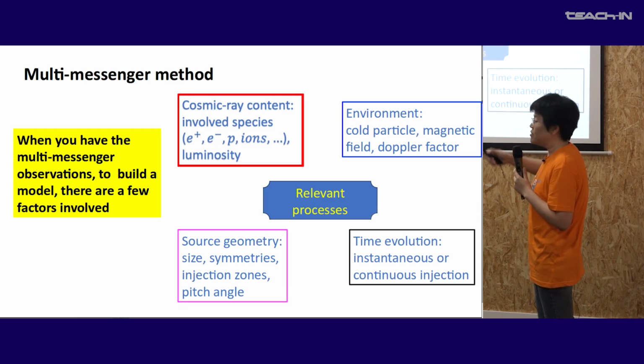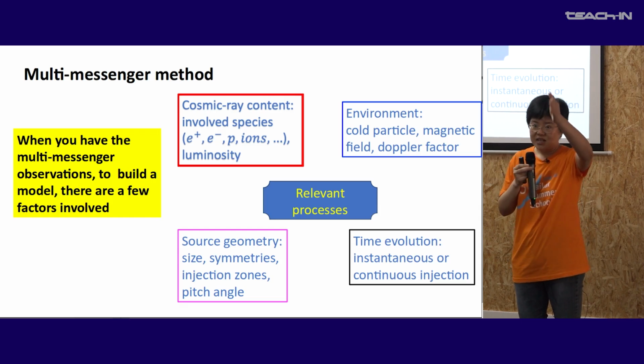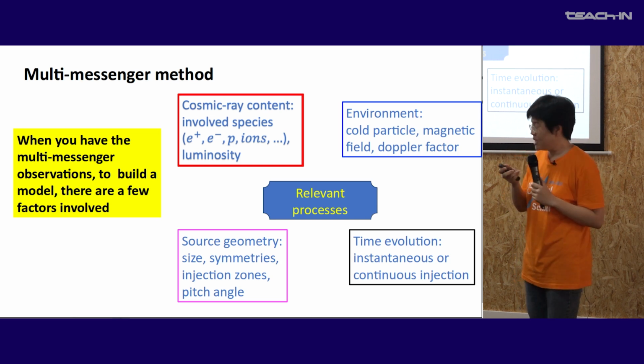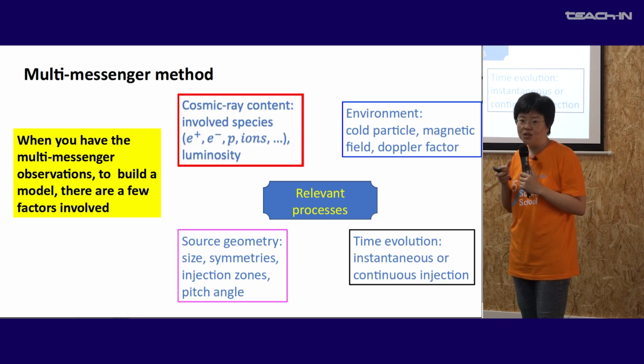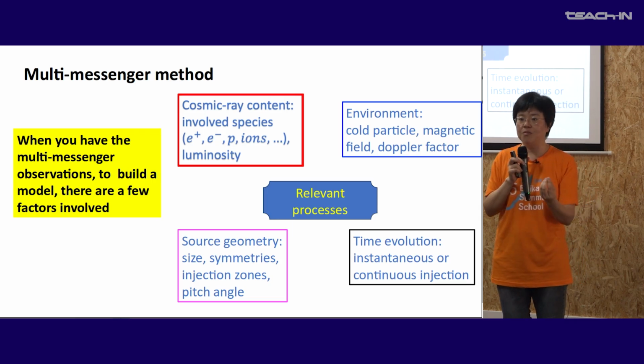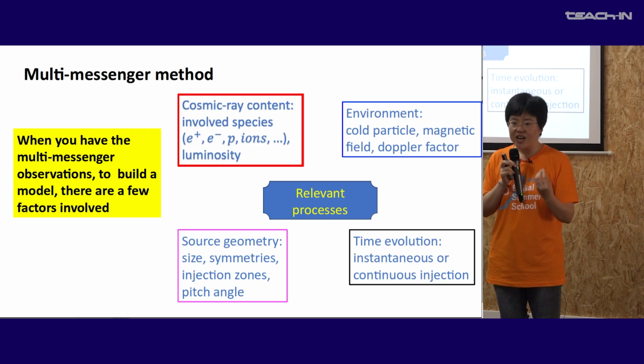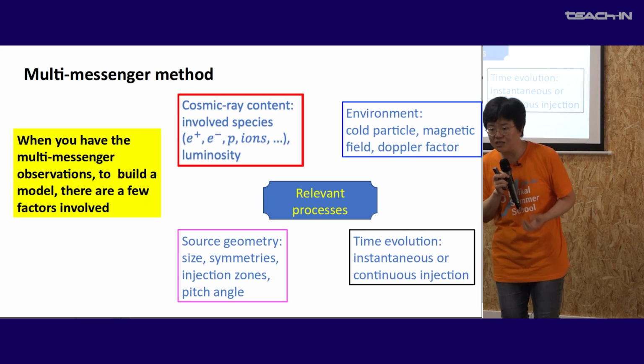So when you have the observation, normally it's an SED, energy times flux, and you want to fit that. What do you do? You build a model. A few factors you have to take into account.